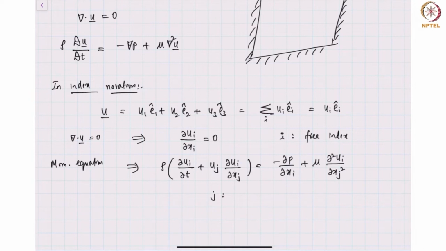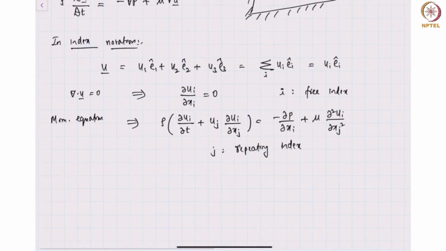Here j is the repeating index, and i is the free index. This term that you see here is Du/Dt, which is del u by del t plus u dot grad u. Now j is the repeating index, which means that if j appears in a term, it will appear twice, whereas i appears only once in an equation. So this is clearly a vector equation.